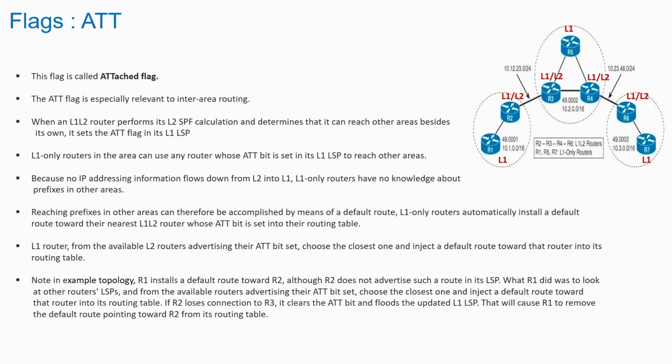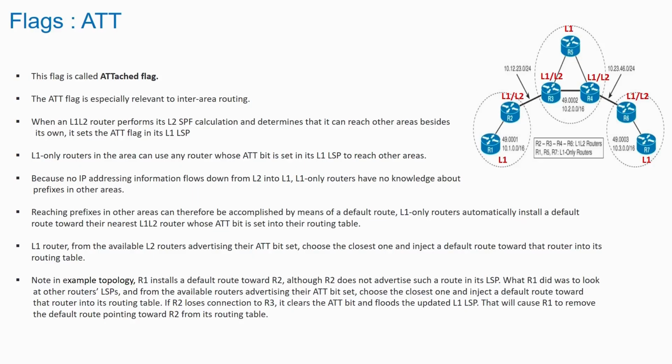Now if you consider the topology shown above, R1, who is an L1 router, installs a default route towards R2, although R2 does not advertise such a route in its LSP. What R1 did was to look at other routers' LSPs and, from the available routers advertising their attached bit set, choose the closest one and inject a default route towards that router into its routing table.